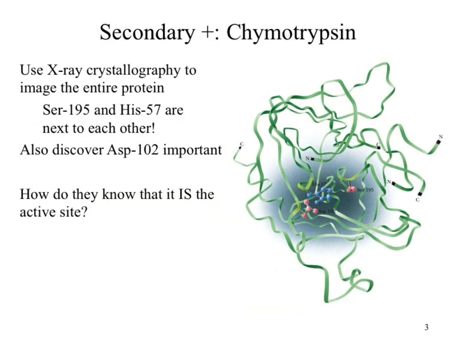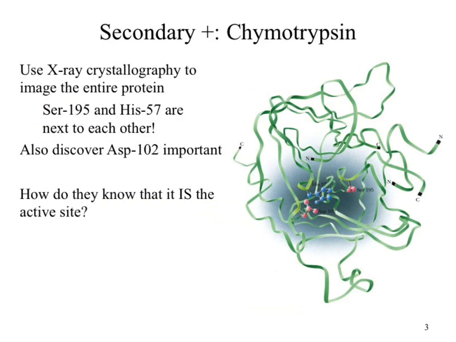Okay. How do they know that it is the active site? Because it behaves differently. If we look at just the X-ray crystallograph, how do we know it's the active site? So that just gives us our structure. Here's our structure.